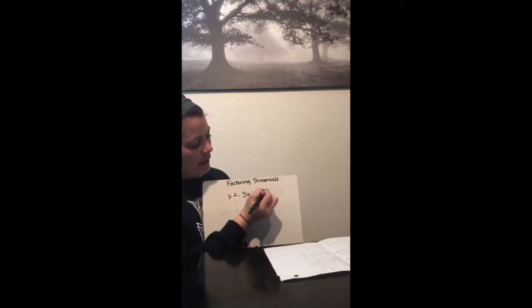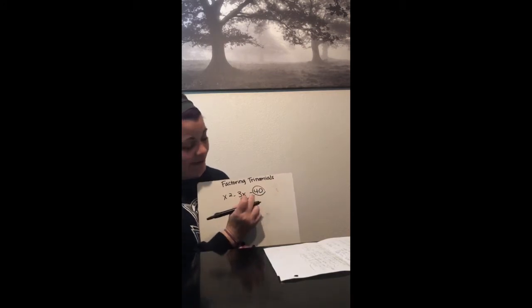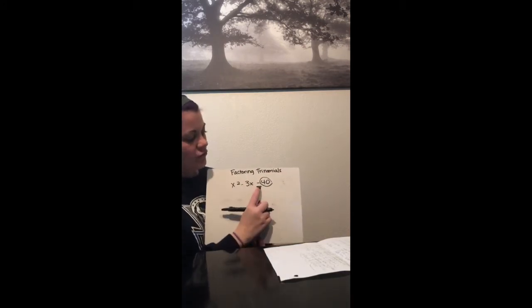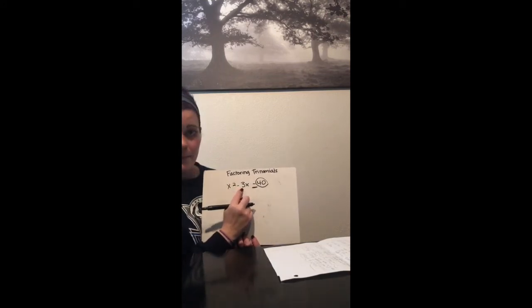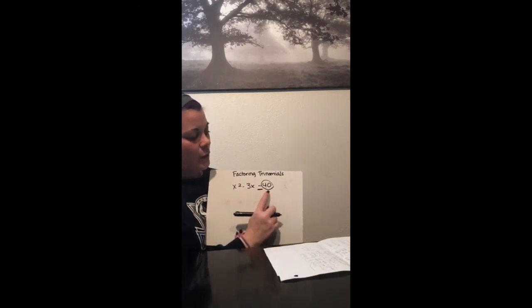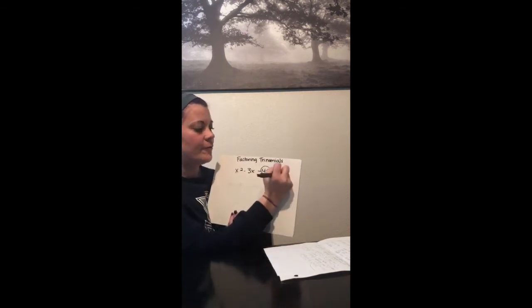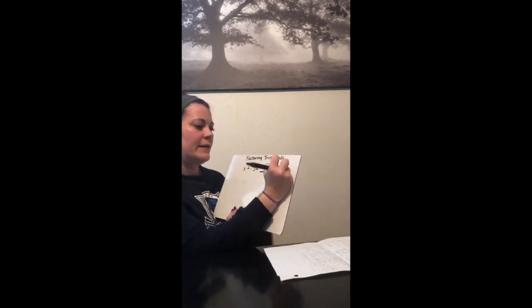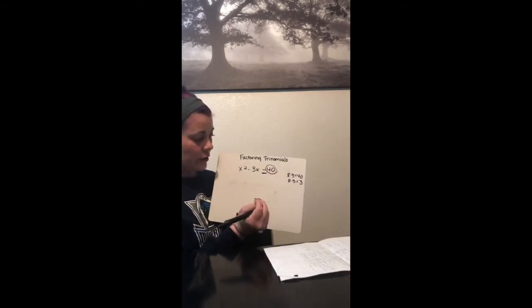So you look at the back term and you say, what factors of 40 when subtracted, see that's not addition anymore, when subtracted give me 3, that middle coefficient. Well, if you know your factors of 40, you know that 8 times 5 is 40, and 8 minus 5 gives you 3. So these are the two numbers that I'm looking for.